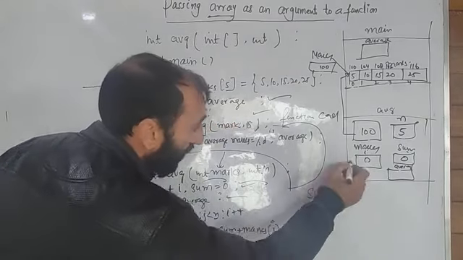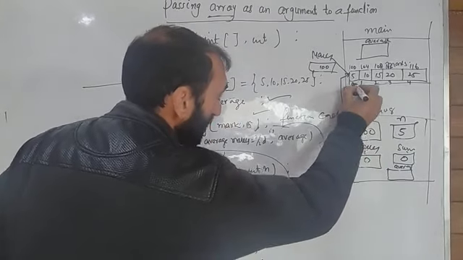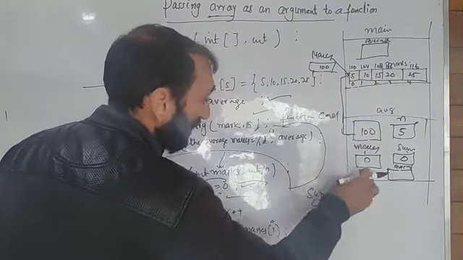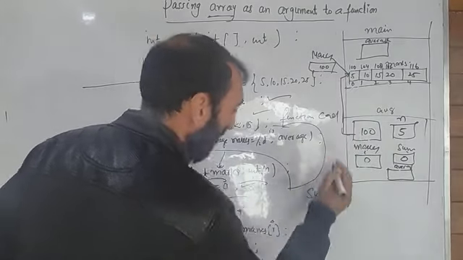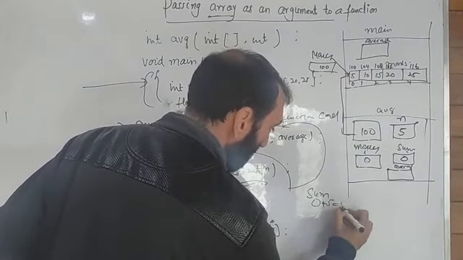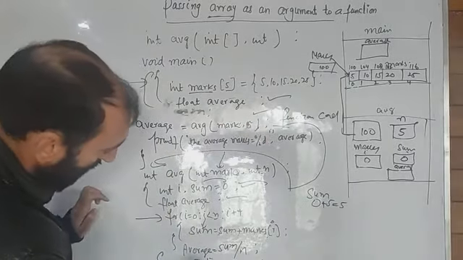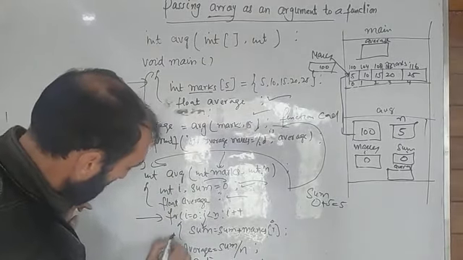That is marks of 0, because marks is connected here. Marks of 0 is this location. So sum equal to 0 plus 5, equal to 5. Obviously.